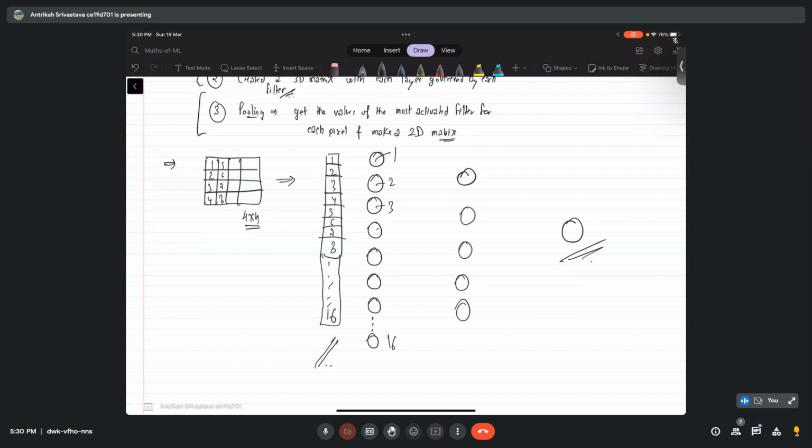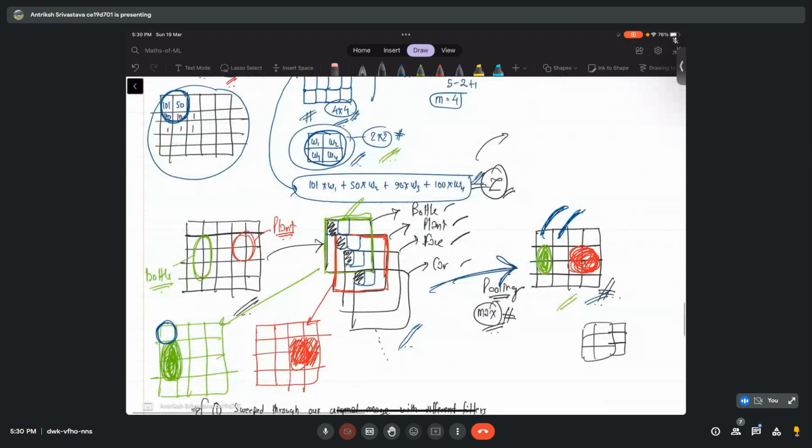What is the significance of this fully connected? See here, this particular entry in this matrix was only connected with these four entries, and then some weights.